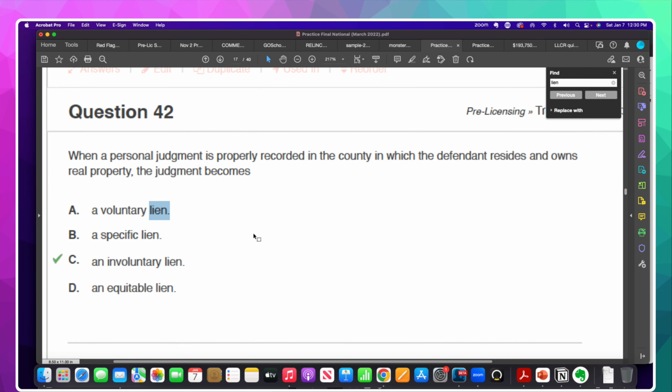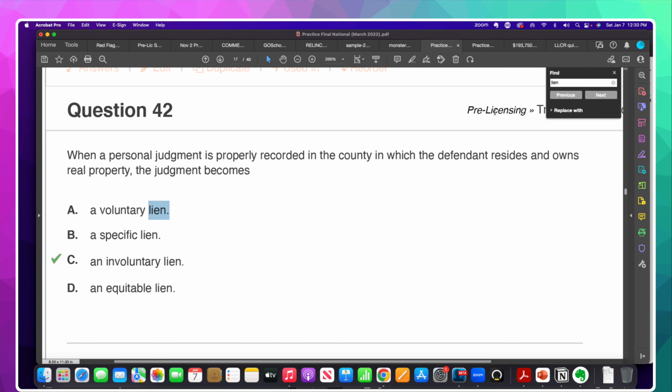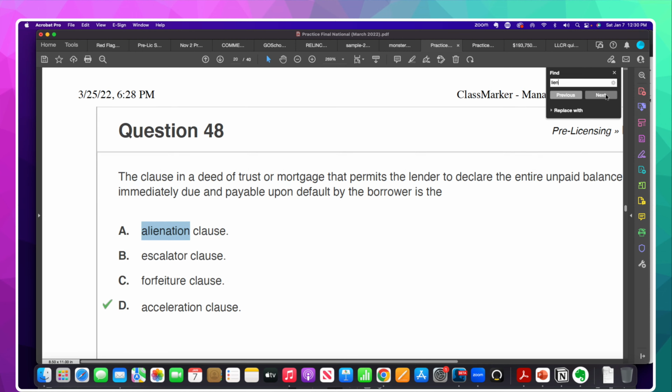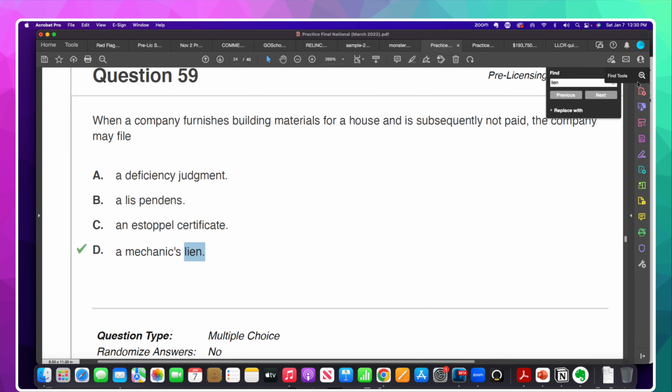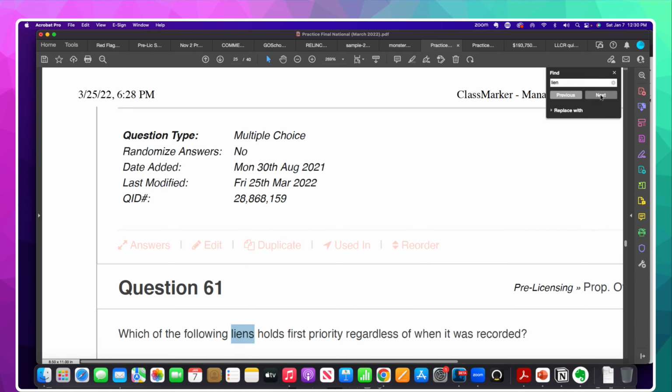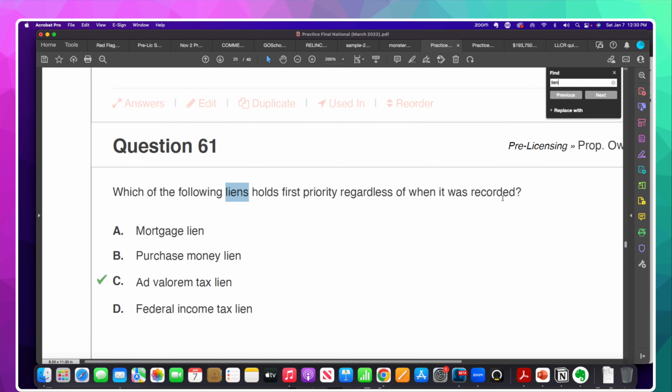Was it this one? Okay. What about this one?